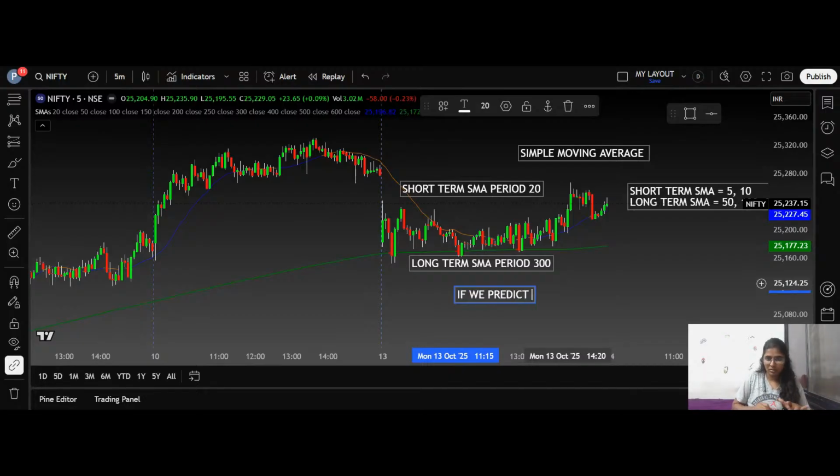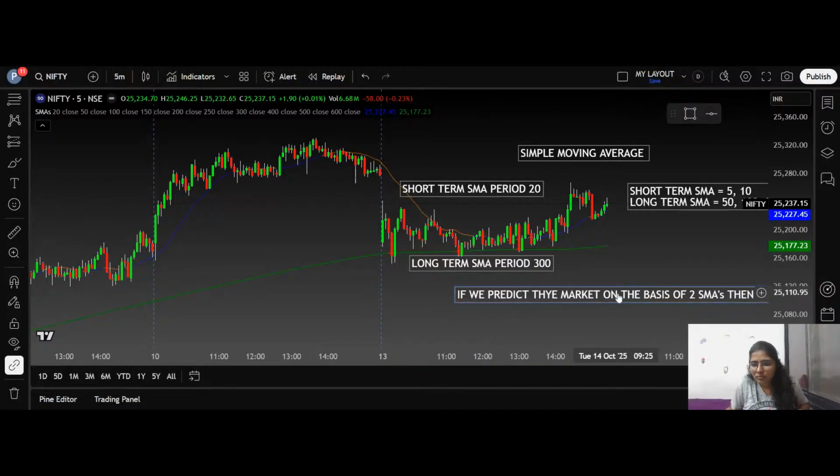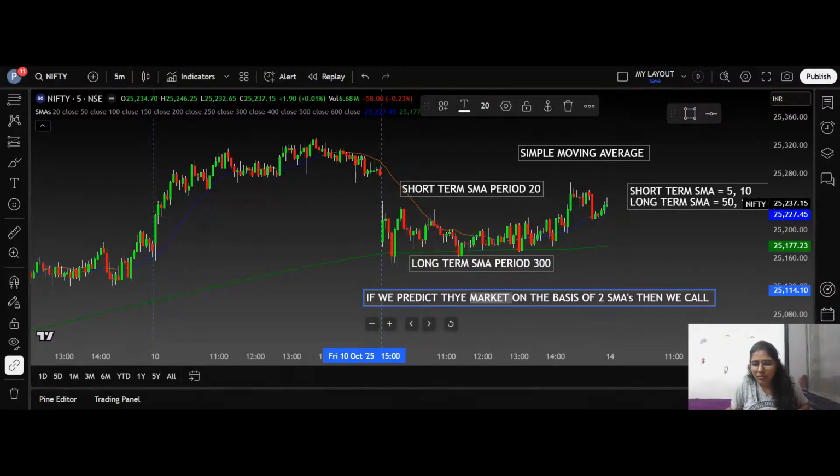If we predict the market on the basis of two SMAs, then we call it SMA crossover prediction.